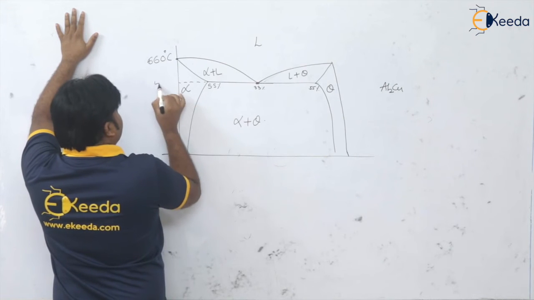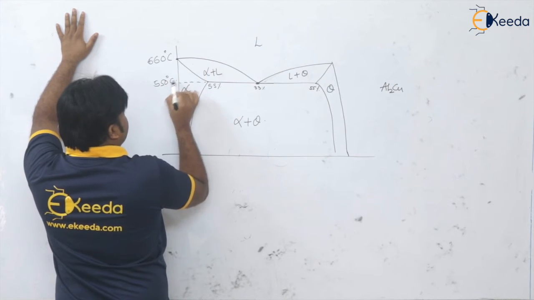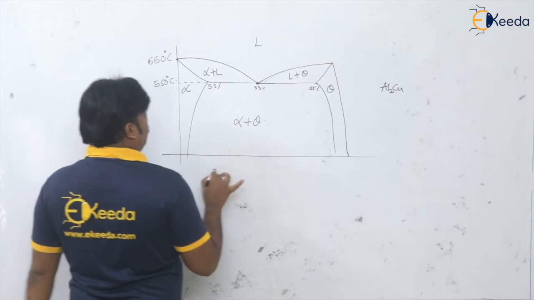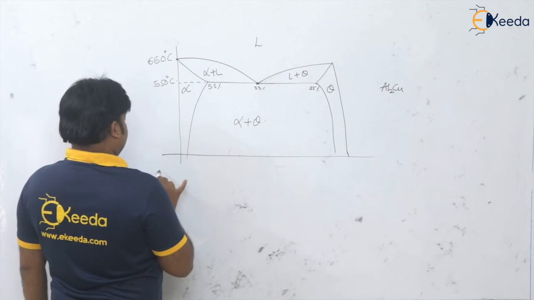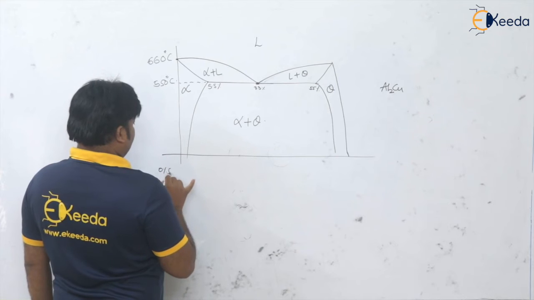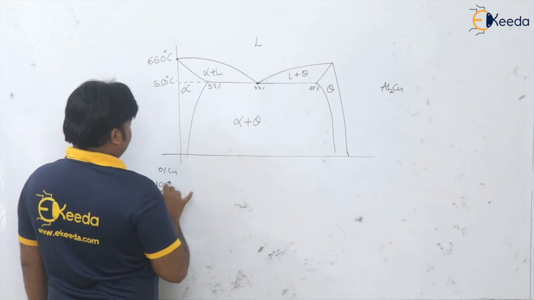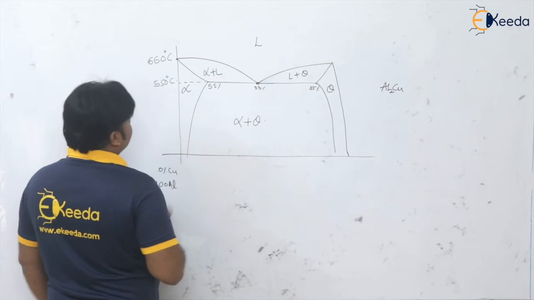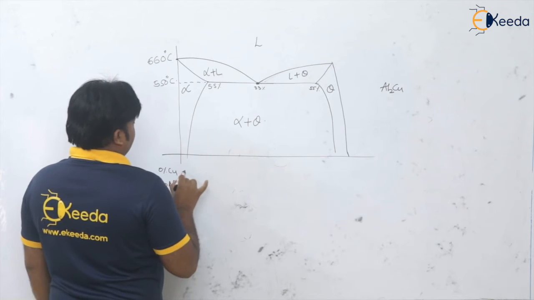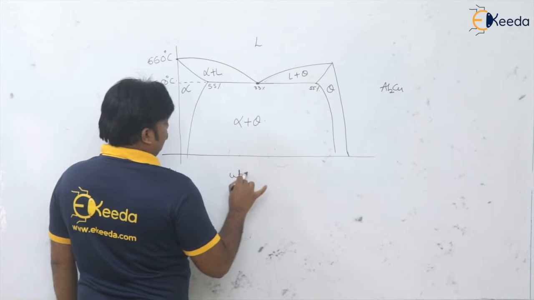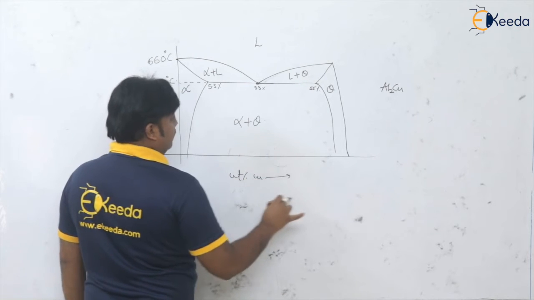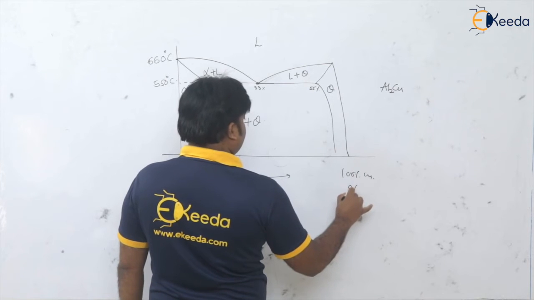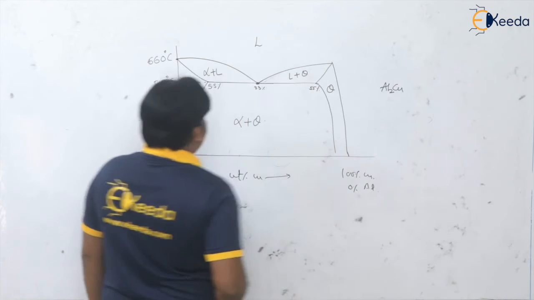This is 550 degrees centigrade. This is 0% copper, this is 100% aluminum, and this is the weight percentage of copper. Here 100% copper and 0% aluminum.